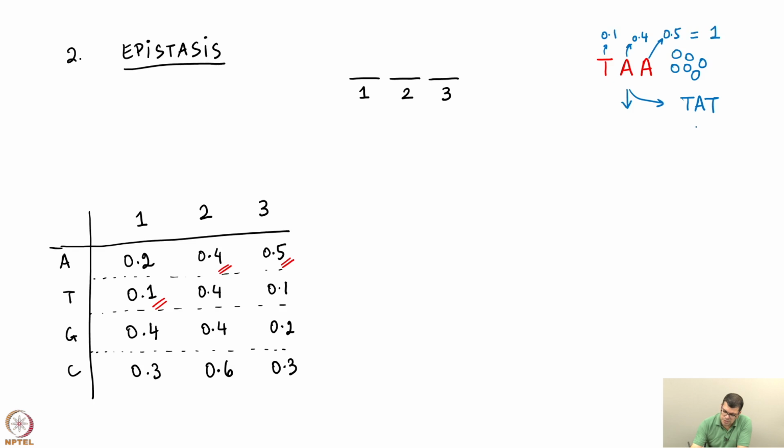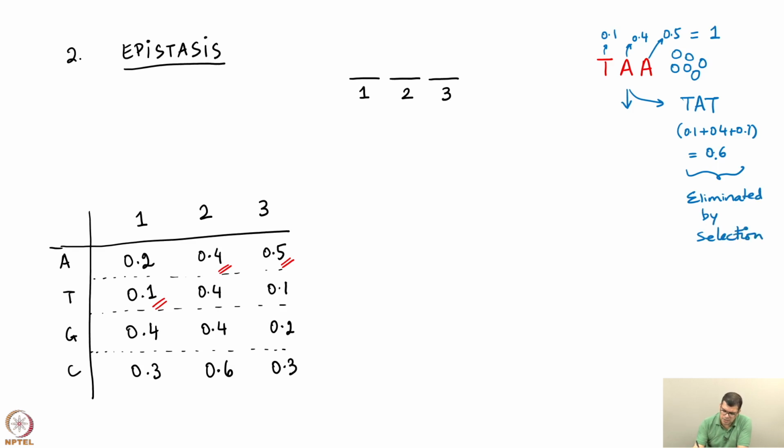If an individual with sequence TAT is born, then its fitness is 0.1 plus 0.4 plus 0.1, which is just 0.6, which is lesser than the ancestral one. So this individual is going to be eliminated by selection.